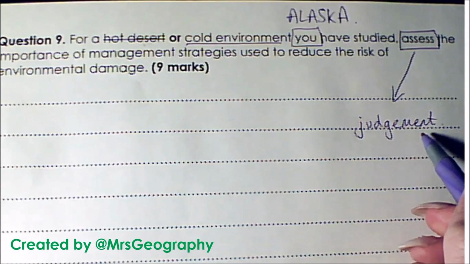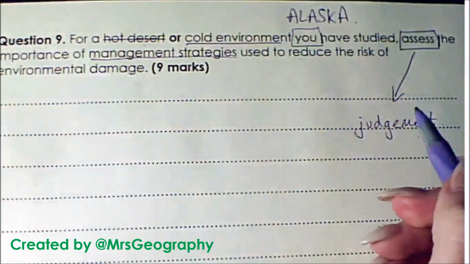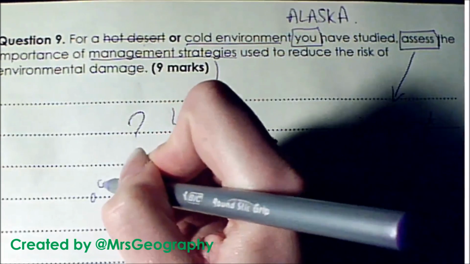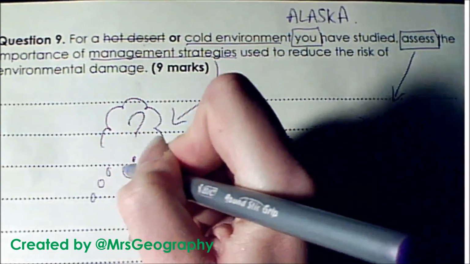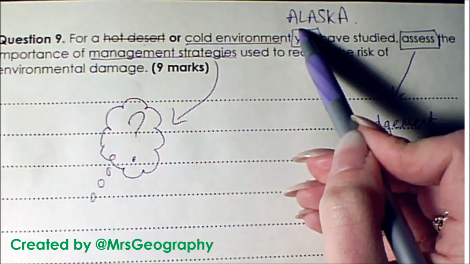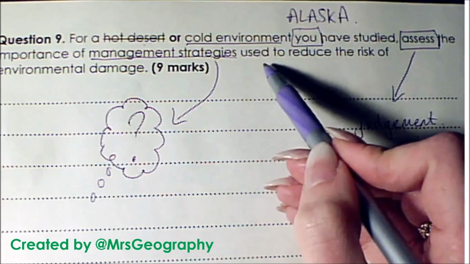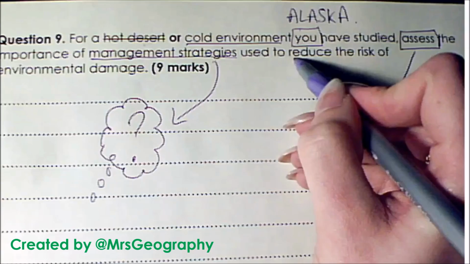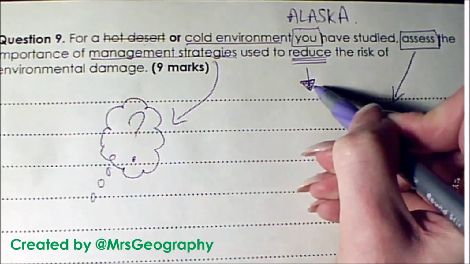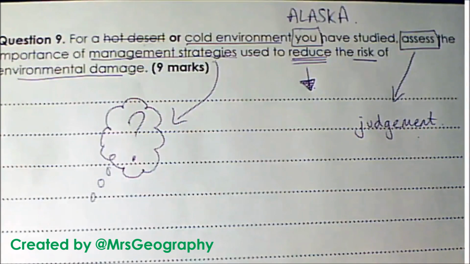Now, this question wants you to make a judgment on the importance of management strategies. So think to yourself, what is a management strategy? And which management strategies does Alaska specifically use? Now, the context of this question is they're asking you to look at management strategies, but which ones specifically minimise the risk of environmental damage.